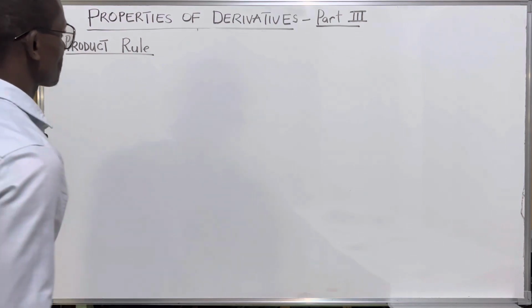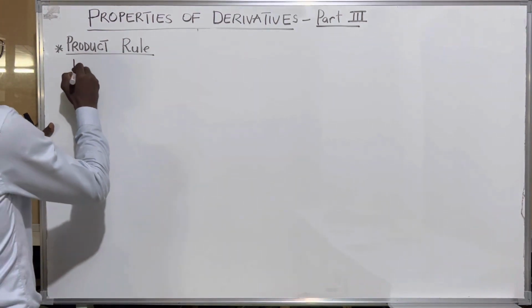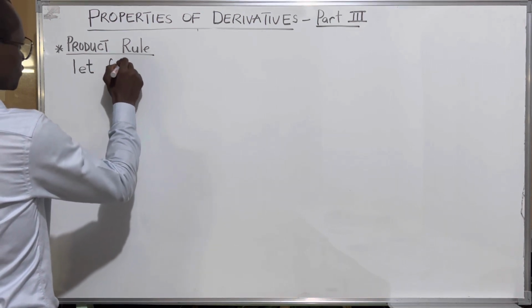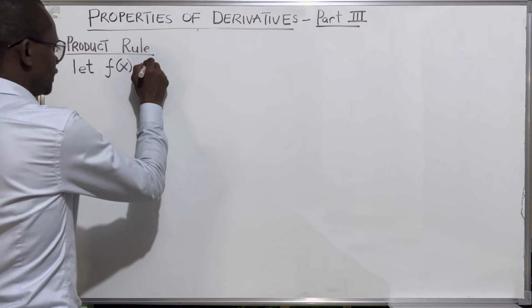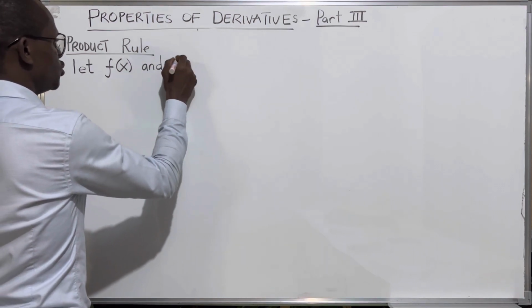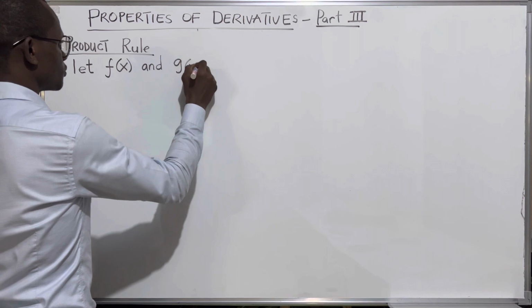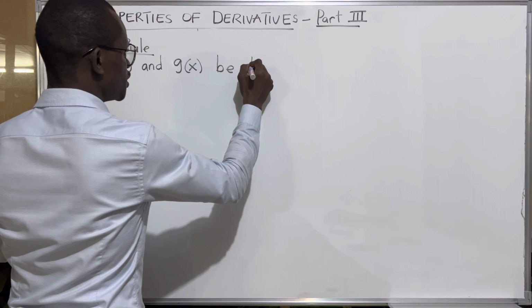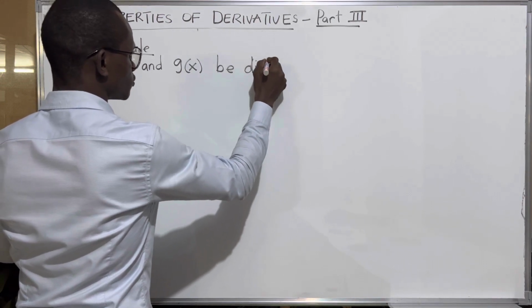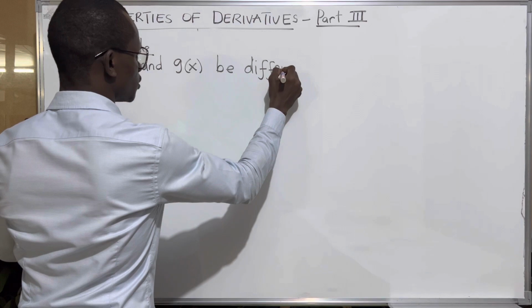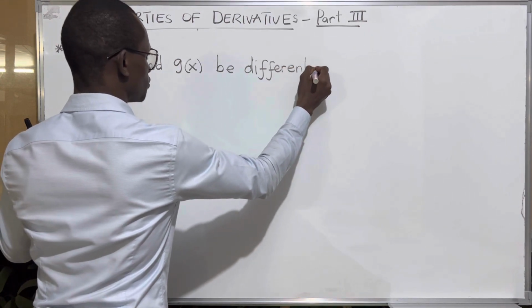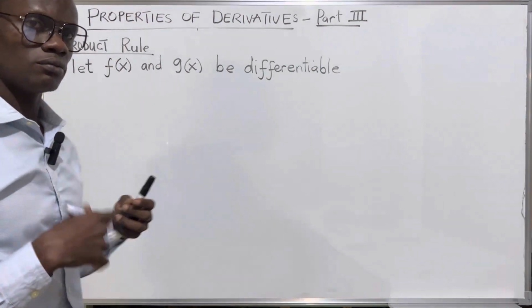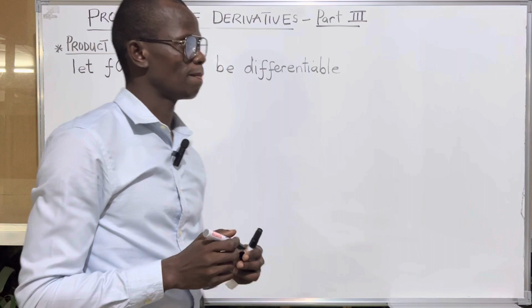So let's make some indication. Let f of x and g of x be differentiable functions, that is to say, functions that can be differentiated.